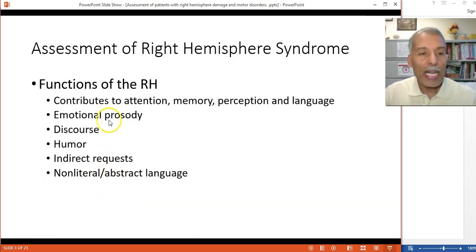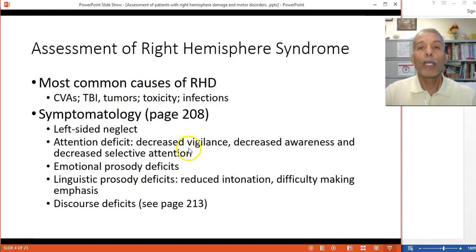So all of these areas have to be evaluated when you evaluate right hemisphere damage, since these are the functions. If you want to see if someone has difficulty in these functions, you find evaluation instruments that enable you to evaluate these. And you can count on the available instruments to have items that cover many of these areas.